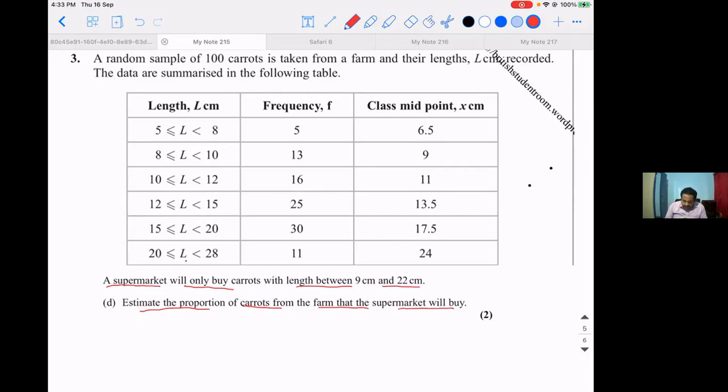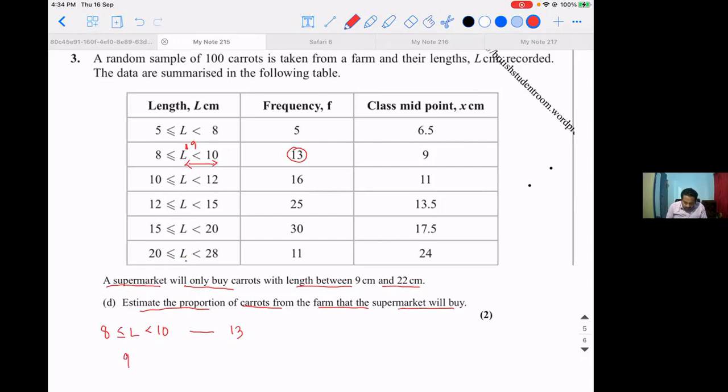So that means 9 is a value in between. It is exactly the half of 8 and 10. Since 13 is its frequency, the total number of carrots between 9 to 10, if I consider the linear proportion for 8 to 10, altogether 13 carrots.